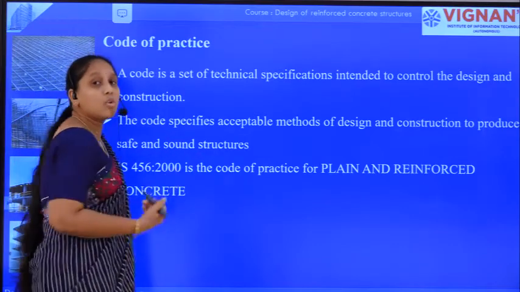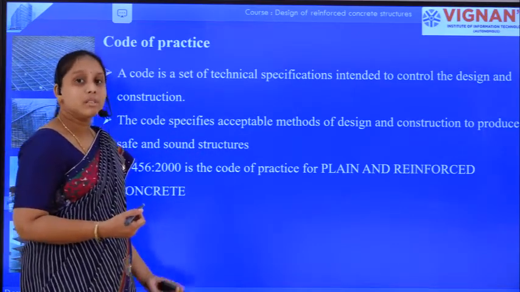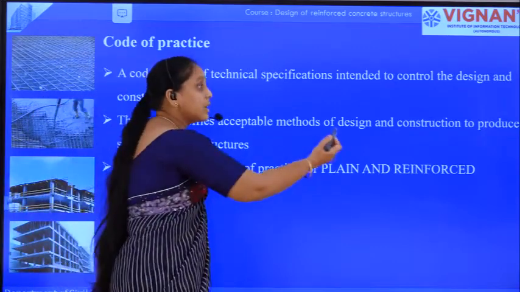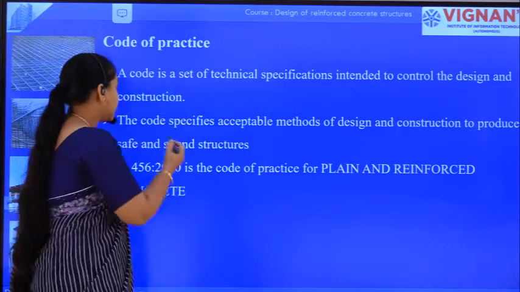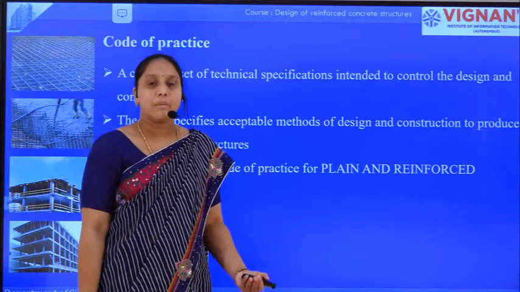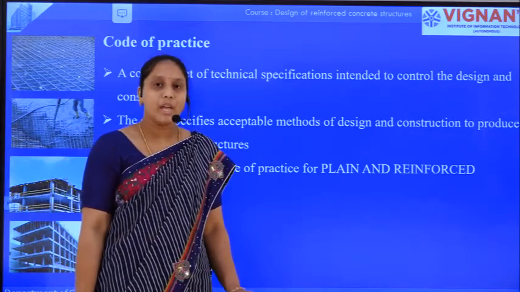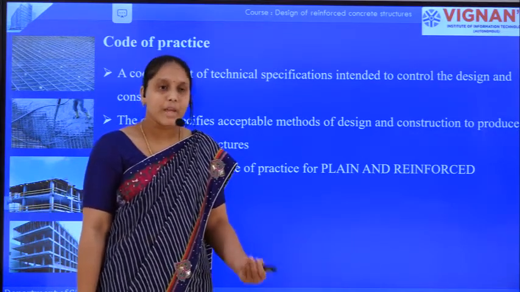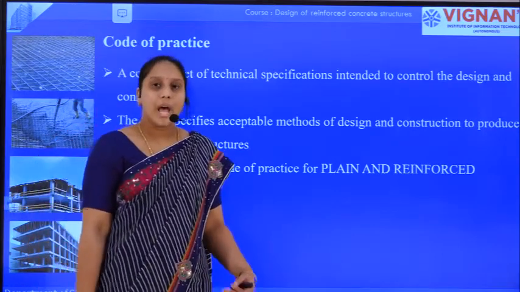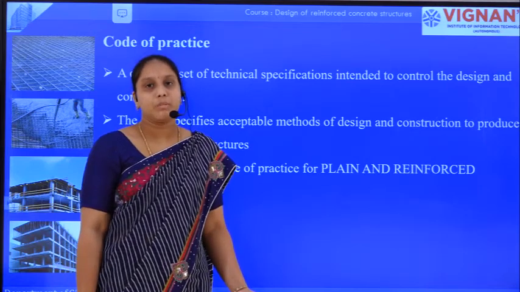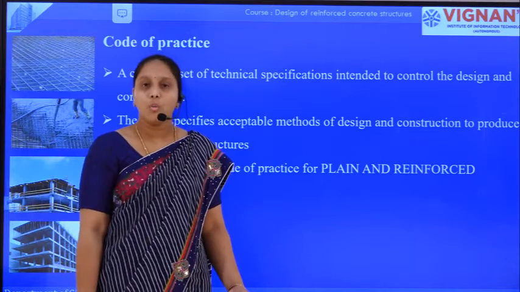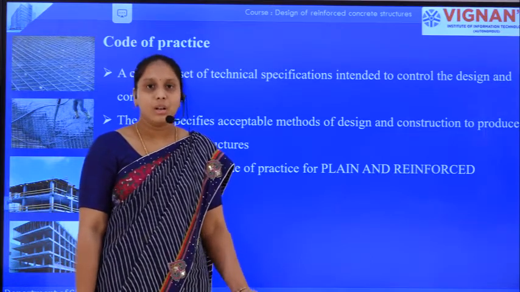And what do you have in this code? This code consists of some acceptable methods of design and construction to produce safe and sound structures. The main objective is what? The structure should be safe, is it or not? So to make safe and sound structures, this particular code gives the acceptable methods or the design procedures which you have to follow while designing the structural members.